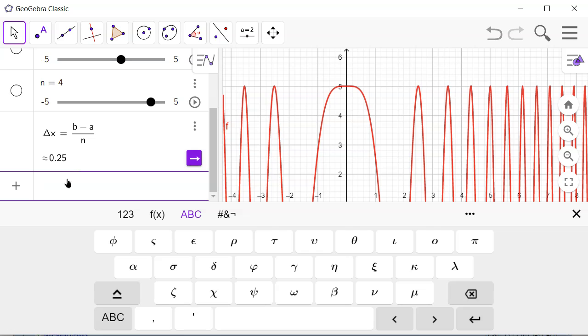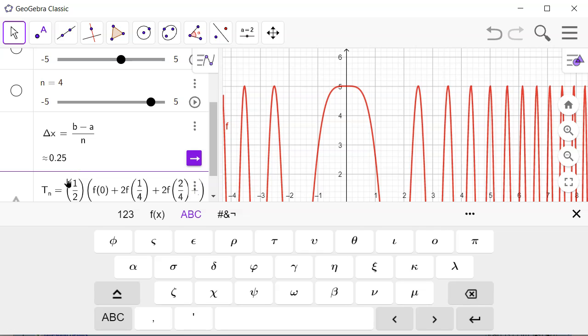All right, so the trapezoid rule. T sub n is equal to, and remember there's a 1 over 2 in front. Then the first number is f of 0. The second number, remember you have to have a 2 in front: 2 f of 1/4, because delta x is 1/4, 0.25, plus 2 times f of 2/4.